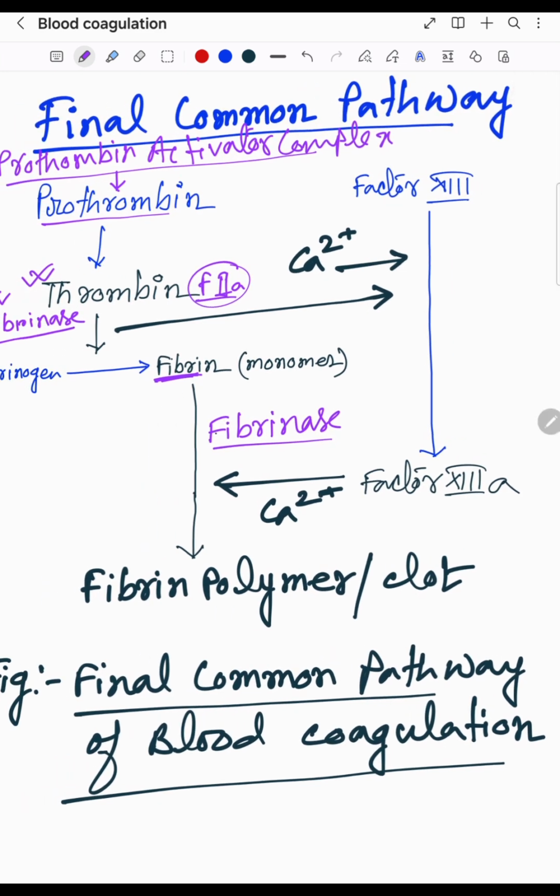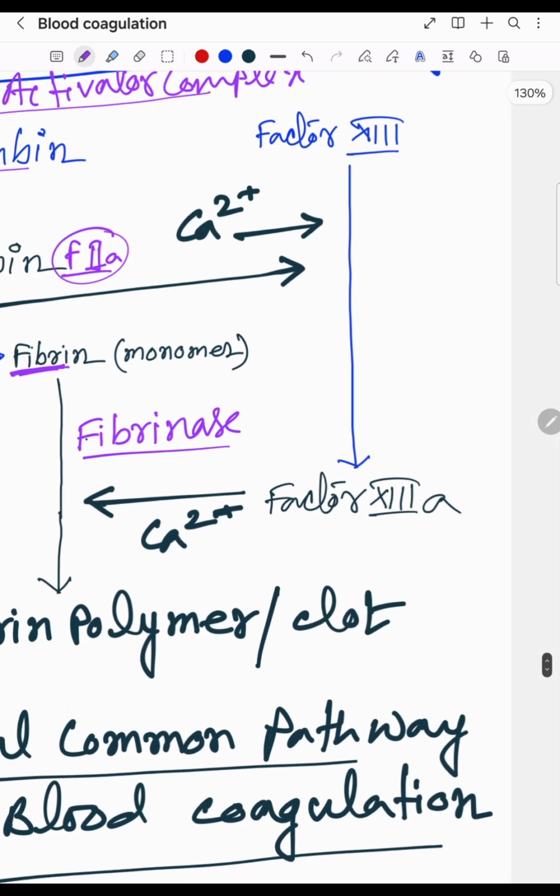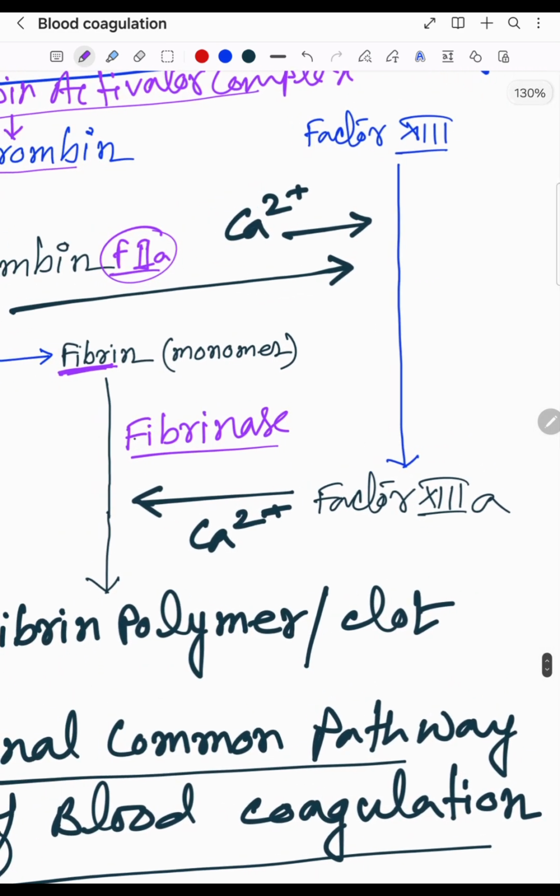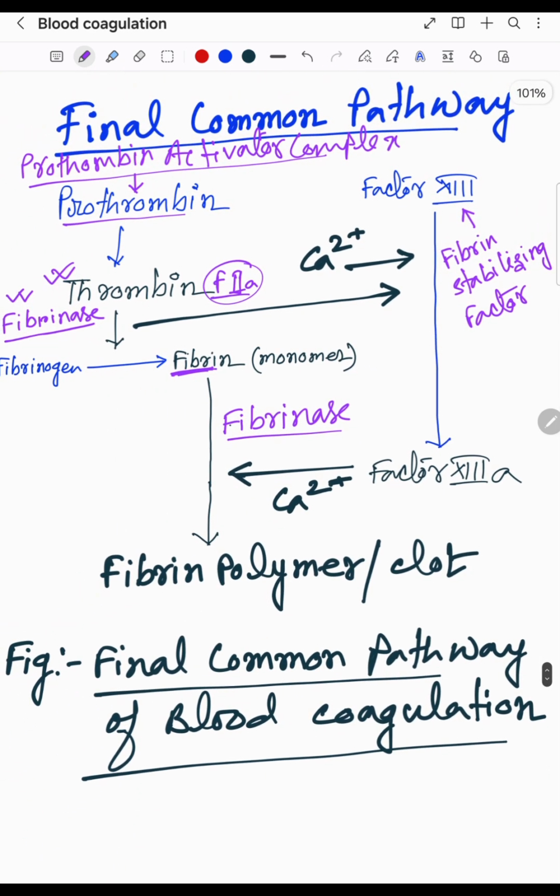Factor 13 to 13A, because factor 13 is known as fibrin stabilizing factor. Okay, so there is formation of fibrin monomer.